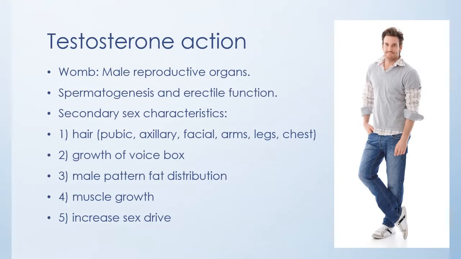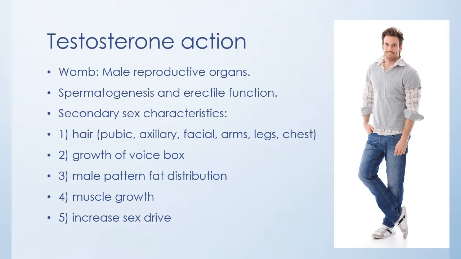Right, so what does testosterone actually do? When we say androgen, we generally refer to testosterone. It starts off in the womb. It helps in the development of male reproductive organs in a fetus, and is also responsible for puberty, spermatogenesis, erectile function, and development of secondary sex characteristics.